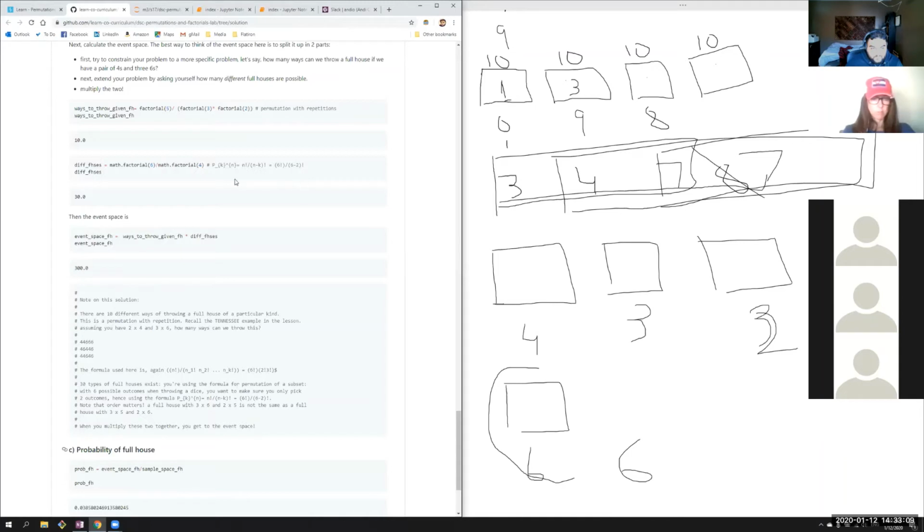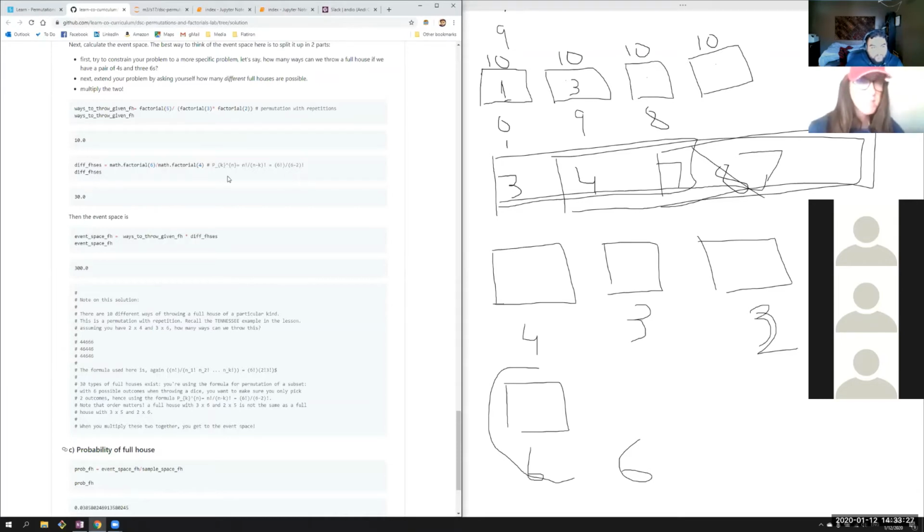So is it how many ways you can throw a 6 and how many ways you can throw a 4? I guess, right? Because it's just factorial. Well, what's the question again?